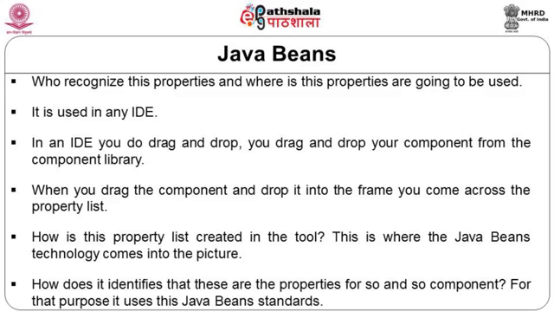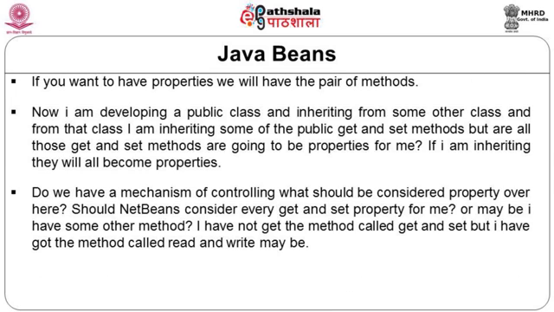We have some standards. One of those things, a very simple way as we have seen so far, is that if we want to have a property, we will have a pair of methods, a get and a set method. Now, I am developing a public class, and I am inheriting from some other class, and from that class what I am inheriting are some of the public get and set methods.